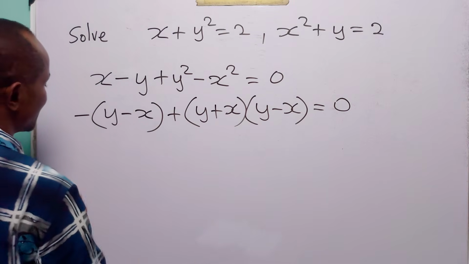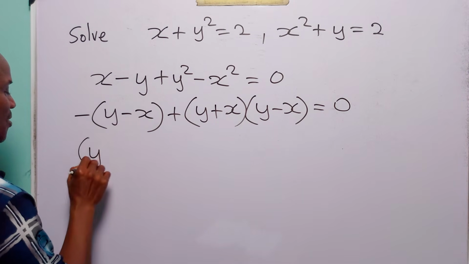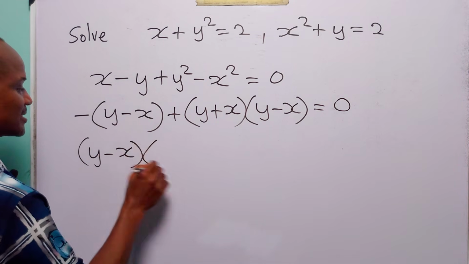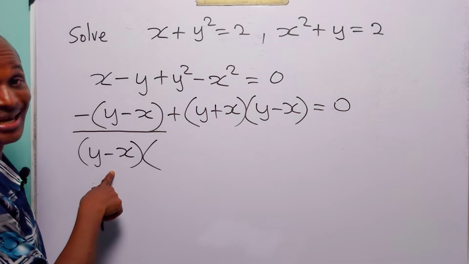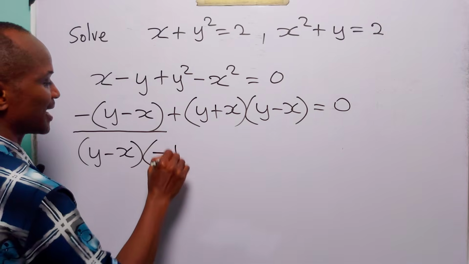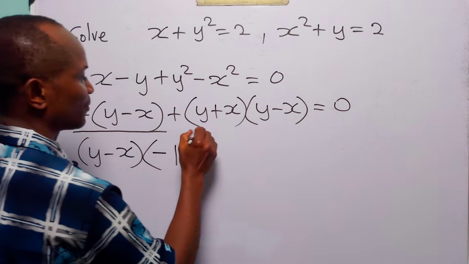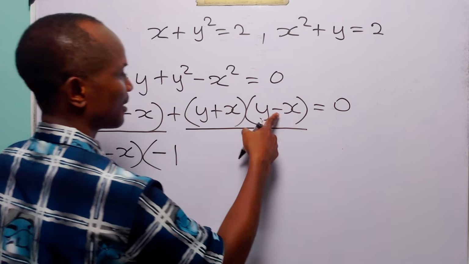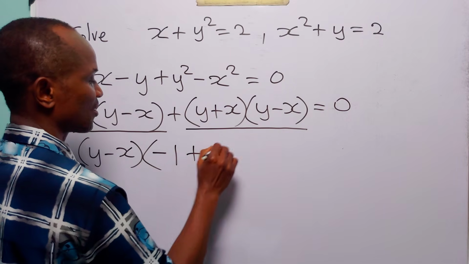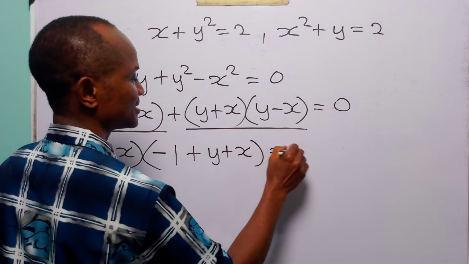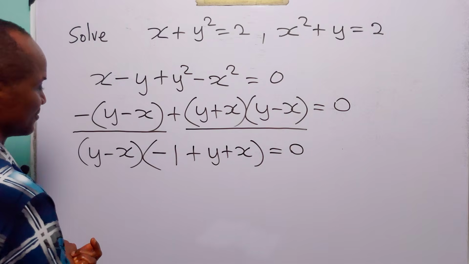So we can factorize. We have (y minus x) into, when you divide this term by y minus x, you have minus 1. And when you divide this term by y minus x, you have plus y plus x. This is equal to 0.